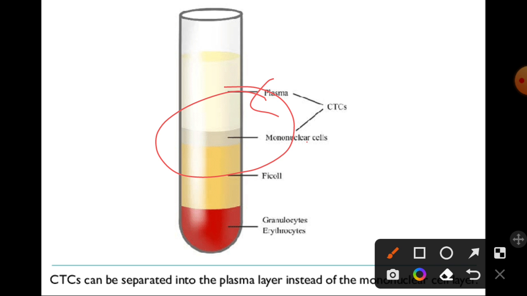So fourth, you will get your gradient after centrifugation, and it performs the separation mainly on the basis of buoyant density, and it is independent of time. And the last one is you will get no pellet at the bottom, no matter at what speed and at what amount of time you have run your tube in the centrifuge.